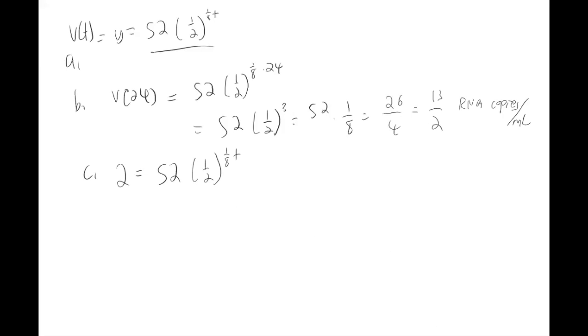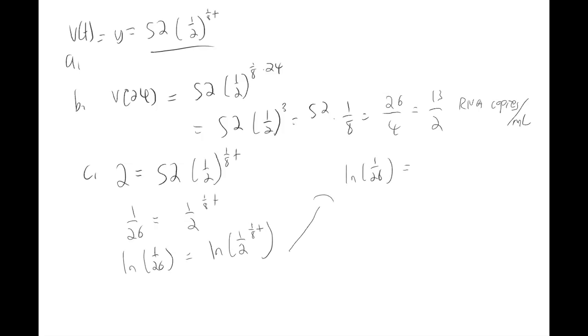So this is 1/26 equals 1/2 to the 1/8 t. Natural log both sides if you like. You don't have to natural log, you could do log base whatever you want. I just prefer natural logging. So ln of 1/26 is 1/8 t times ln of 1/2.